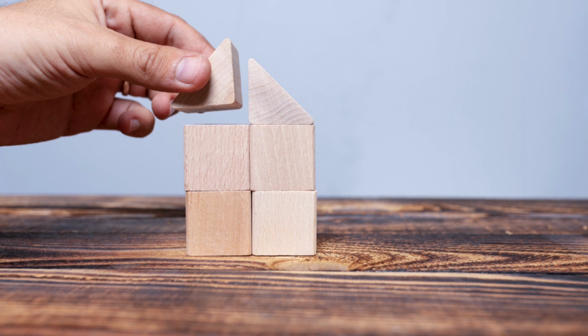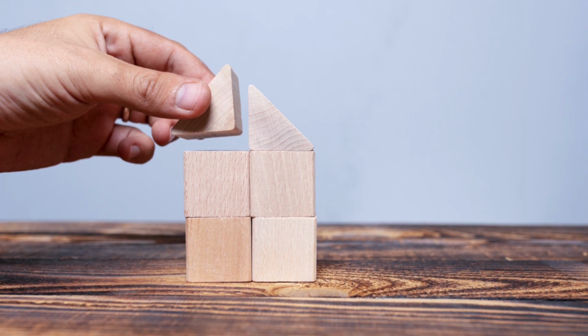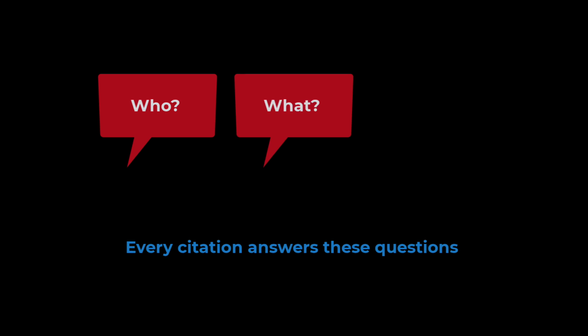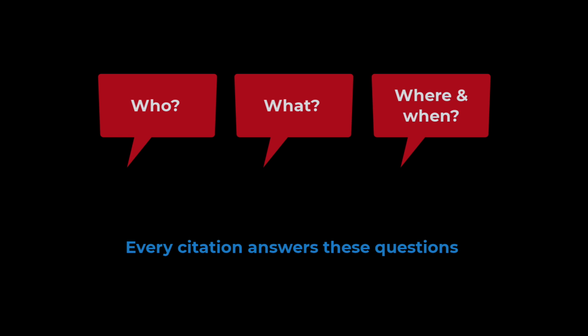Now, let's look at the building blocks of a citation in the Chicago style. Every citation answers these questions. Who wrote it? That's your author or creator. What is it called? That's the title of the book, article, or chapter. Where and when was it published?